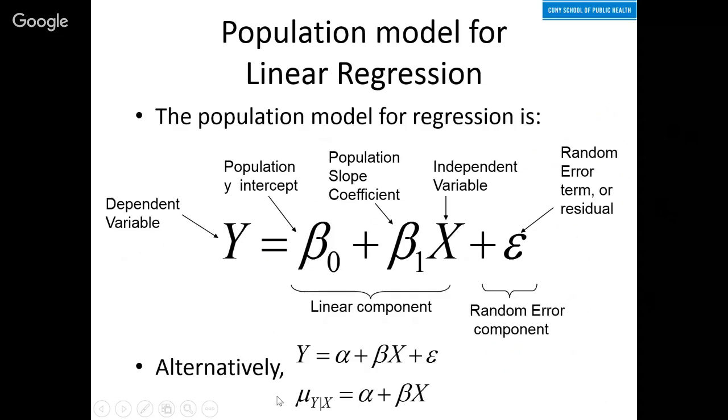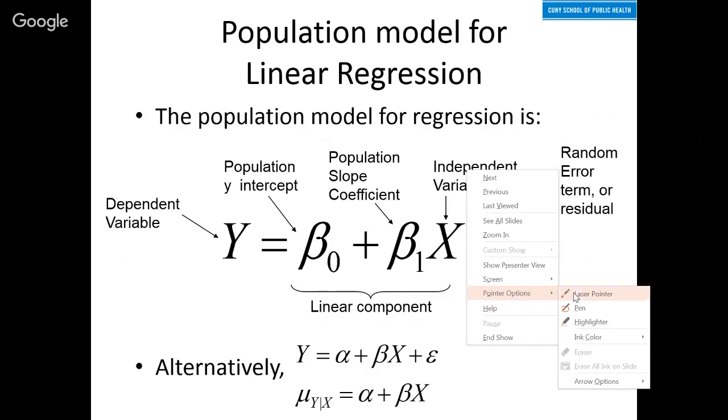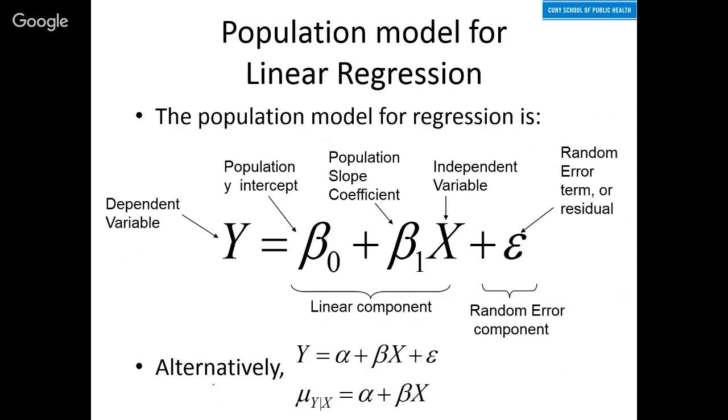This mu Y conditional on x is also called the expected value of Y, and it is sometimes instead written as the expectation value of Y given x equals. All of these are representations of the same thing.